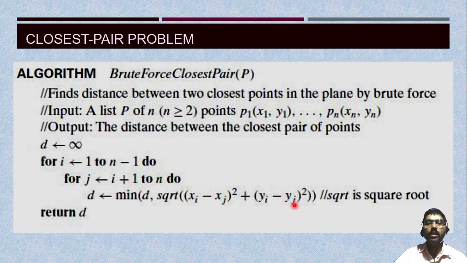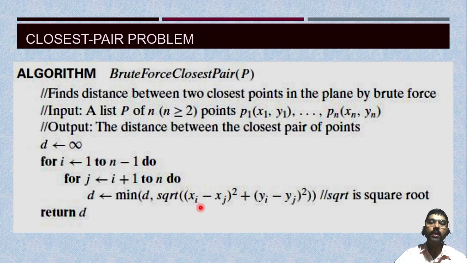Here in this example, I am using the square root of (xi minus xj) square plus (yi minus yj) square. I am applying the Euclidean formula to find the distance between 2 points. Once you find the distance between 2 points, I compare it with the previous minimum distance. D contains the minimum distance between 2 points.